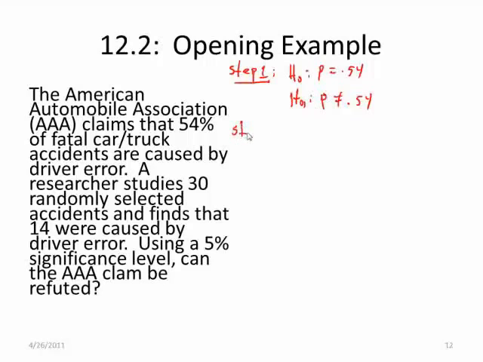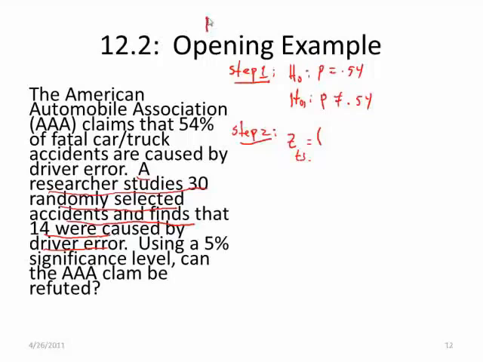So step 2 is to compute the z-test statistic. We need to come up with p hat. A researcher studies 30 randomly selected accidents and finds that 14 were caused by driver error.